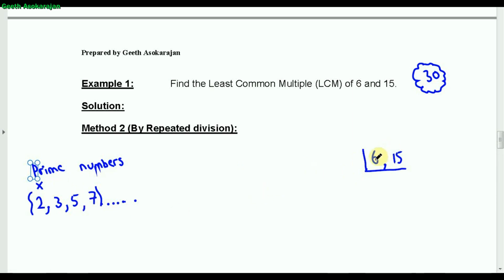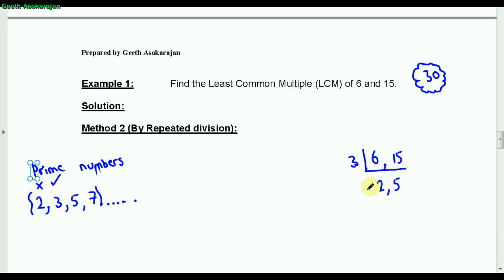Then I check 3. 6 divided by 3 gives us 2 with 0 remainder. And 15 can be divided by 3, giving us 5 with no remainder. So 3 works. Let me emphasize that with a tick.